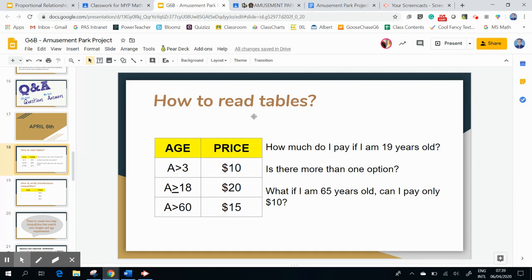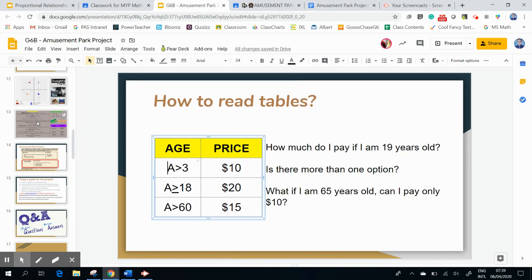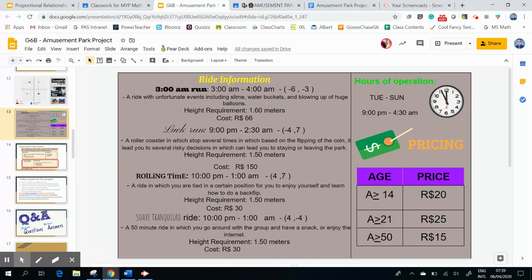Some of you had some questions in terms of this table here that we saw on our exemplar last class. Our friend here put this age pricing strategy for his marketing, for his amusement park.